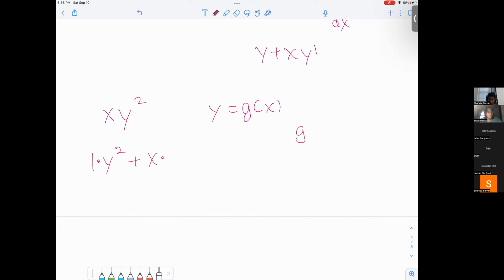We want the derivative of that. We can write that as h prime of g of x times g prime of x. In this case, that looks like the derivative of x squared, which is 2x, so 2 g of x times g prime of x. In other words, the derivative of y squared is going to be 2 times g of x, which we said was y, times g prime of x, which is y prime.